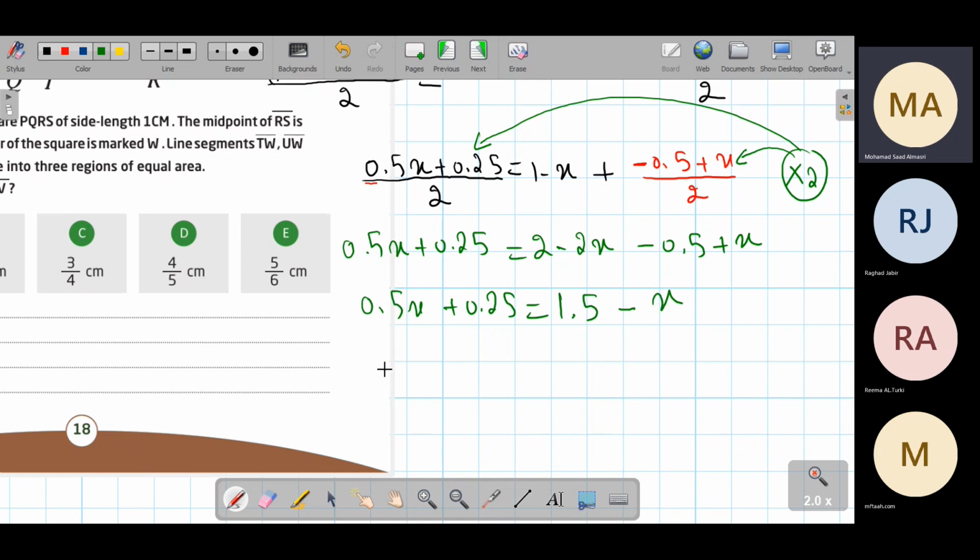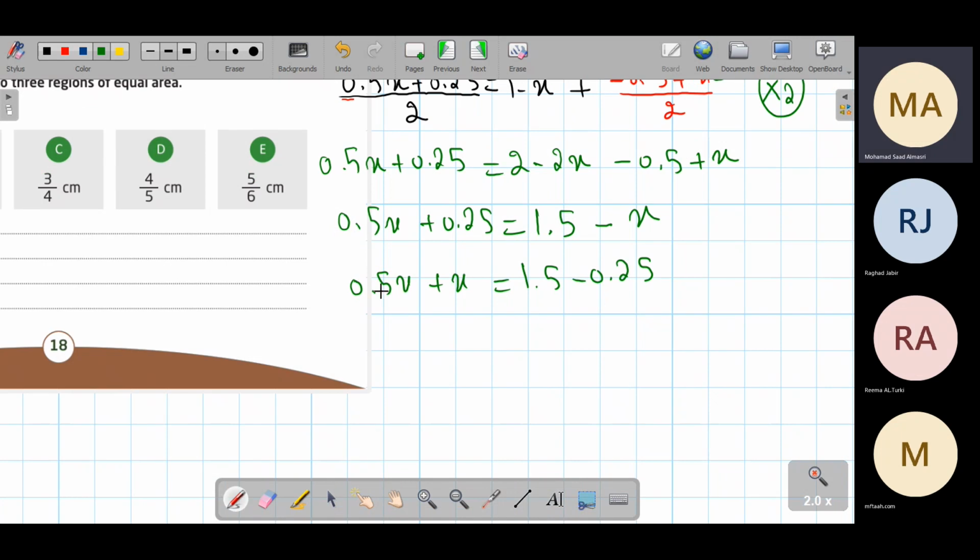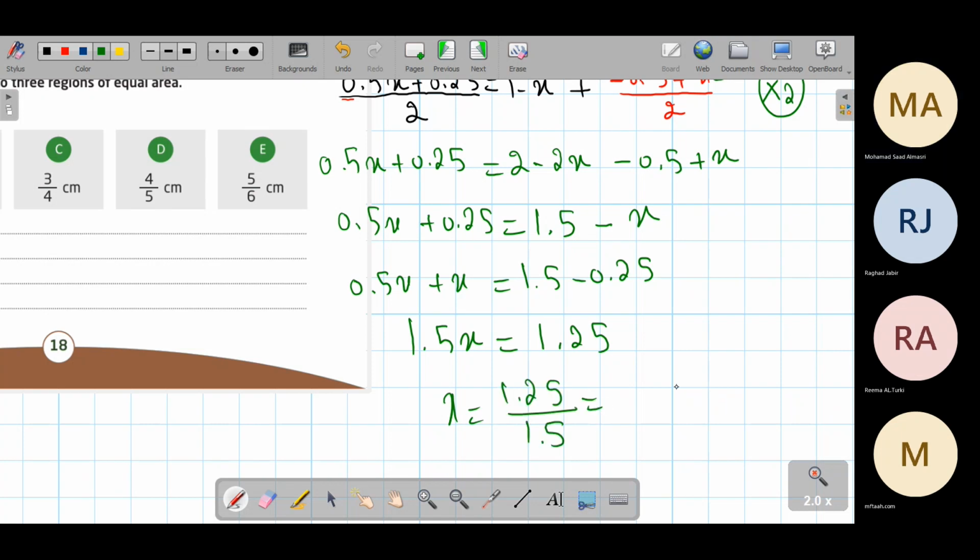So I will take x to the first side: 0.5x plus x equals 1.5 minus 0.25. 1.5x equals 1.25. So x equals 1.25 over 1.5. By calculator, 125 over 150 divided by 25, it will be 5 over 6.